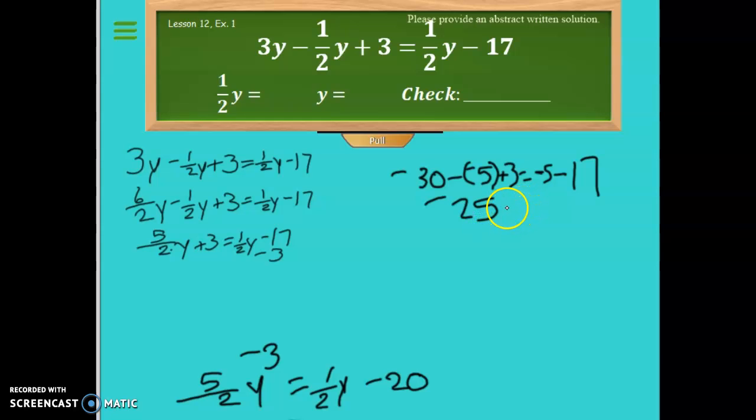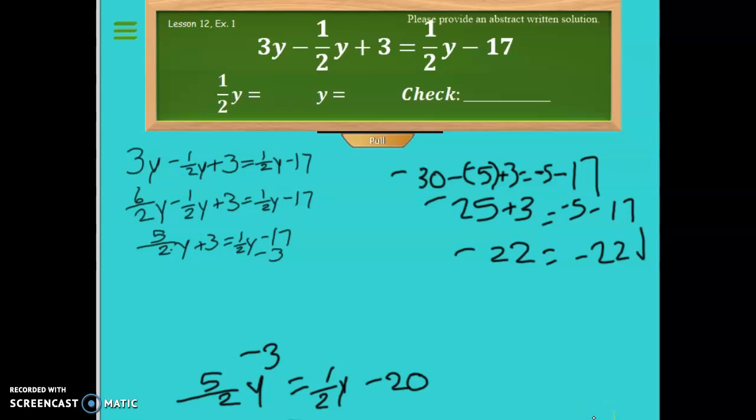A -25 and a +3 is what's left, equals -5 minus 17. A -25 and a +3 is going to give us a -22. And then a -5 and a -17 is also going to give us a -22, which is good news for us because that means both sides are a check.